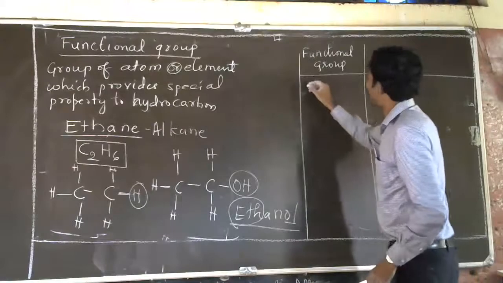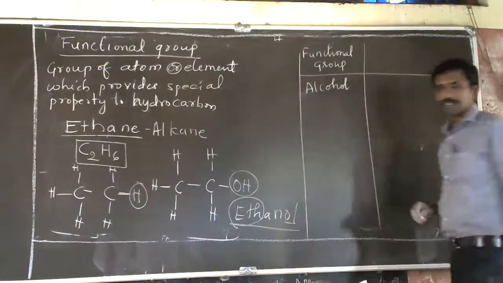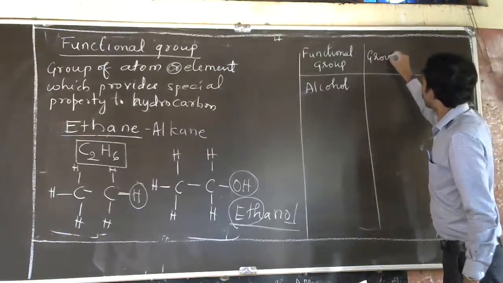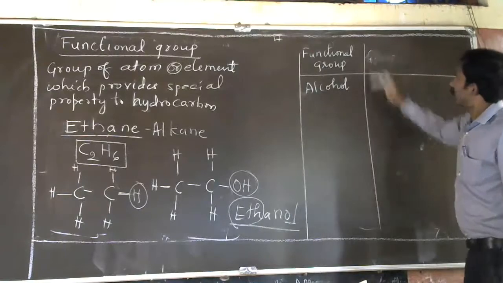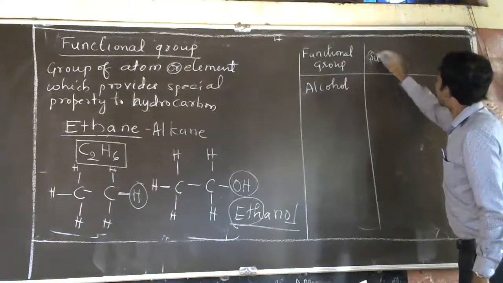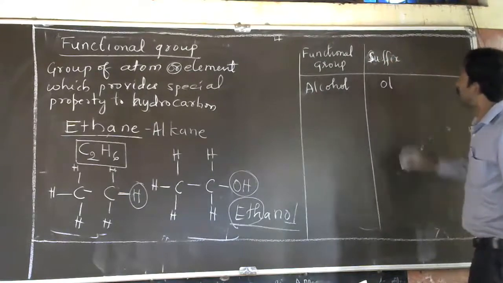So functional group. First one is alcohol. You write alcohol. For alcohol, we use the suffix OL.